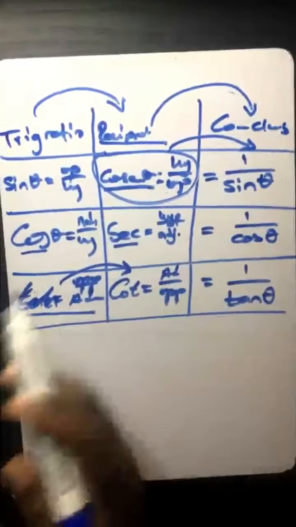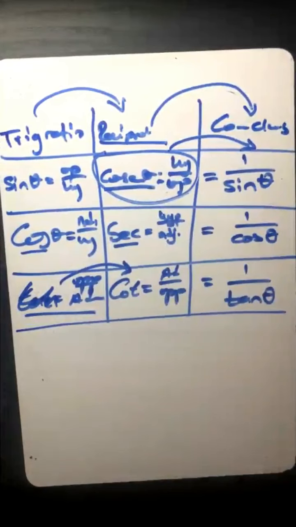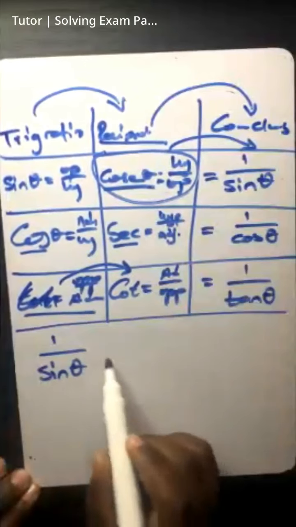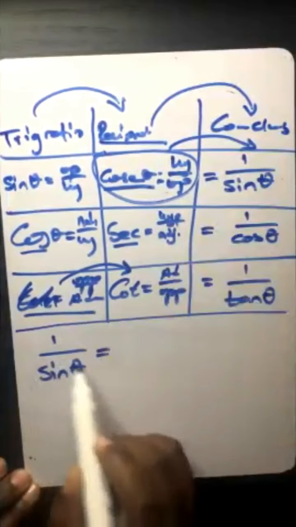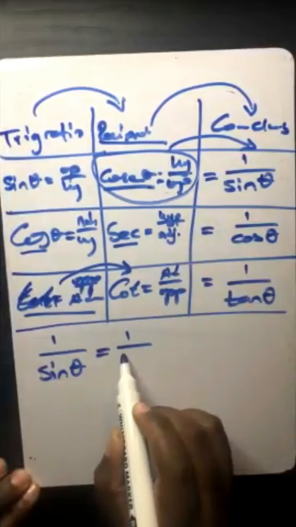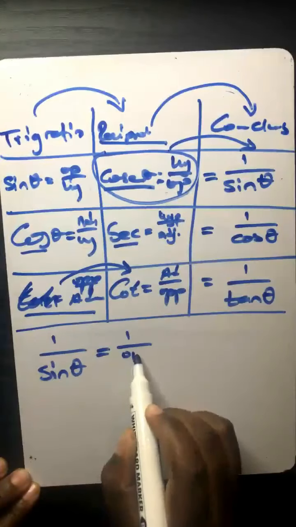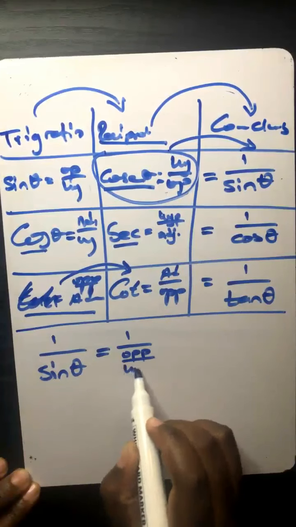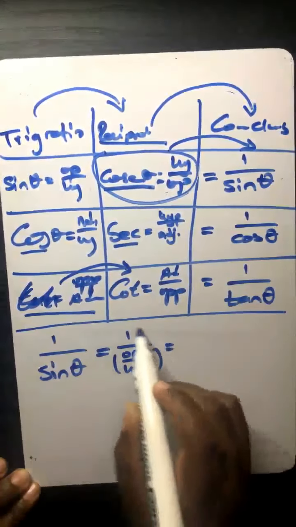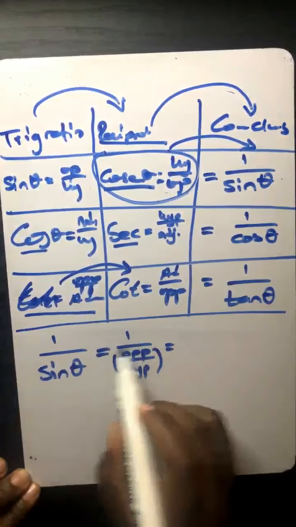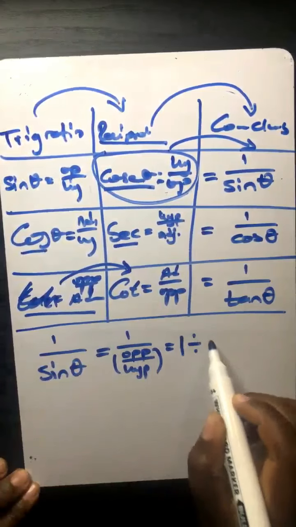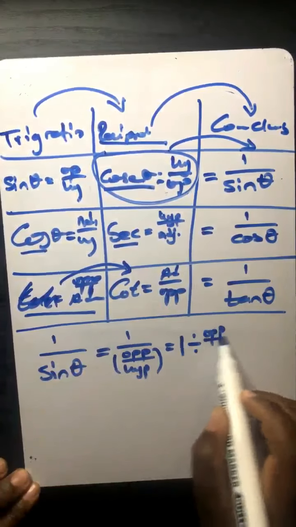So let's see. When you have 1 over sine angle, we know that this thing is the same as 1 over opposite over hypotenuse. So this thing where you have 1 over something is the same as 1 divided by opposite over hypotenuse.